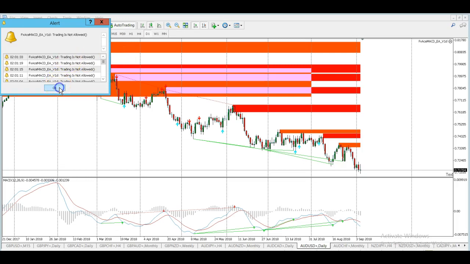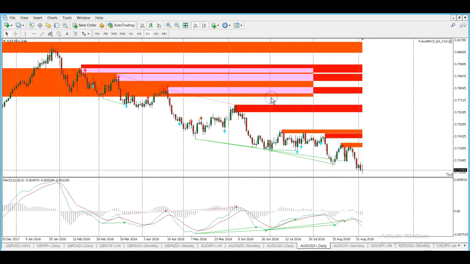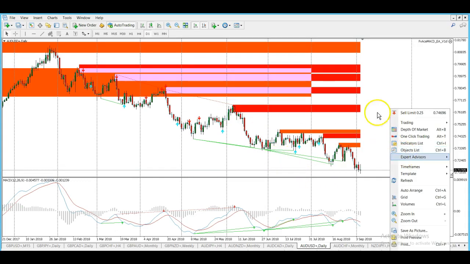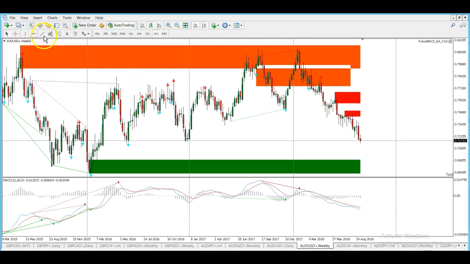Okay, there we go. What was the rectangle I had drawn? Okay, just get this big one out of the way here. So, go to Expert Advisors. It's finally taken out this weekly.